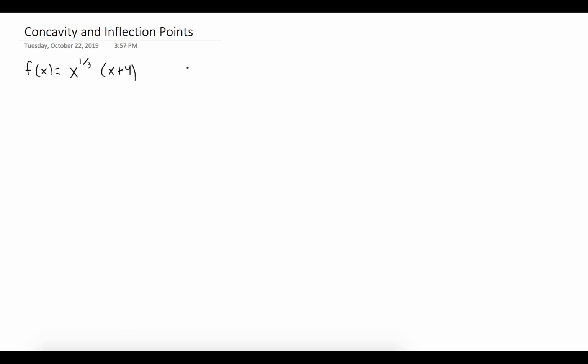And the information we're going to look for is when our function is increasing or decreasing, local max and min, where it's concave up or concave down, and the points of inflection.